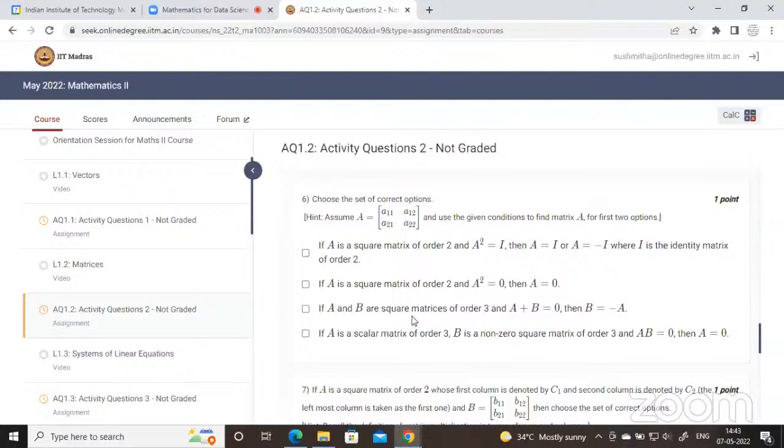In this question, will we have to assume that kind of example, or is there any method to solve this? Like we'll take A to be A, B, C, D.